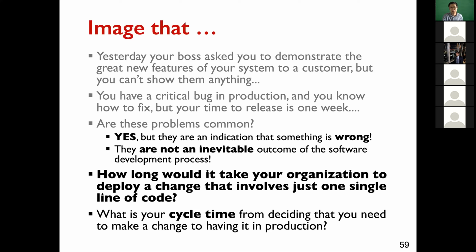Also think about how long it would take for your organization to deploy a change that involves just one single line of code. If it takes several days, there may be problems, right? Also think about what your cycle time is from deciding to make a change to having it in production. If it takes too long, there may be problems.